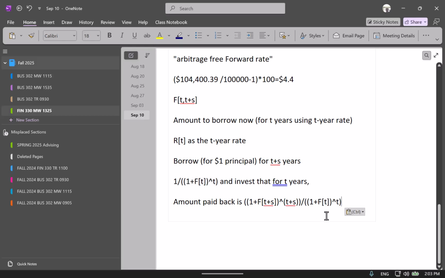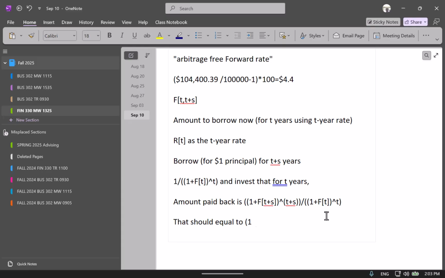And that should equal to 1 plus f t plus s raised to the power s. Because I borrow t years from now, I'm going to keep it for s years, right? So using this, that's kind of the little setup.